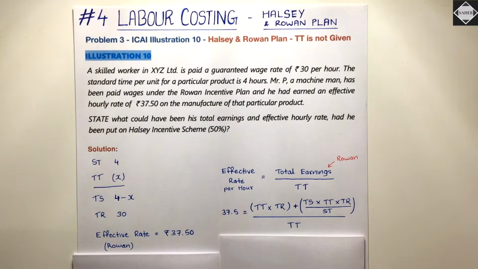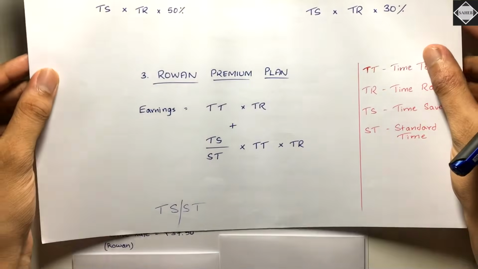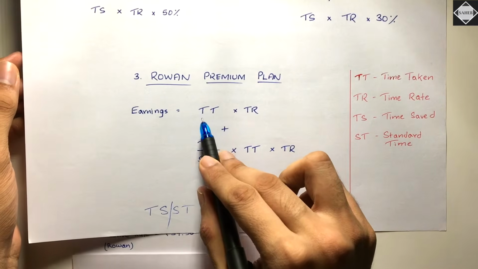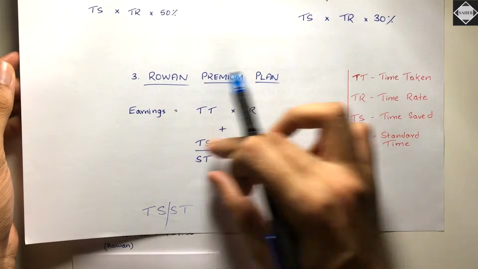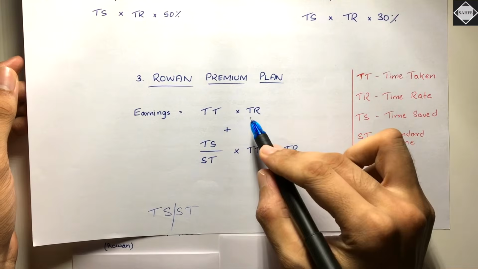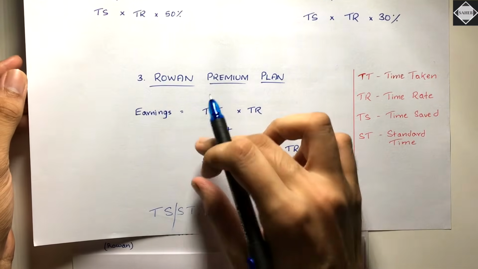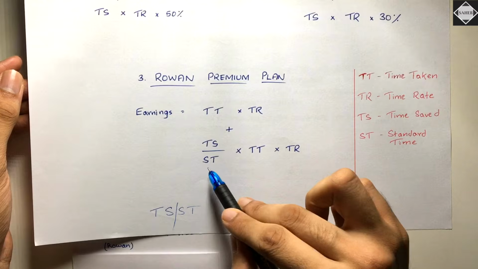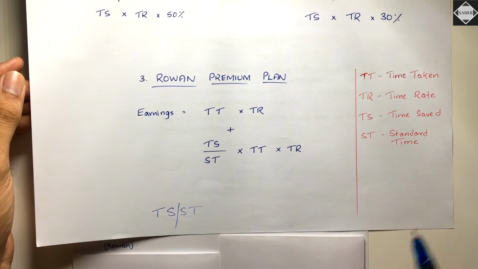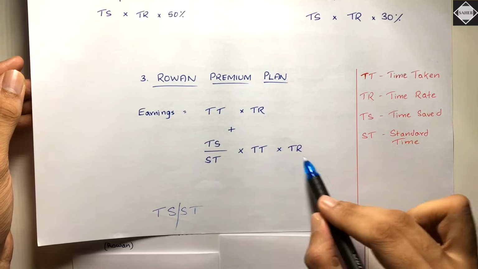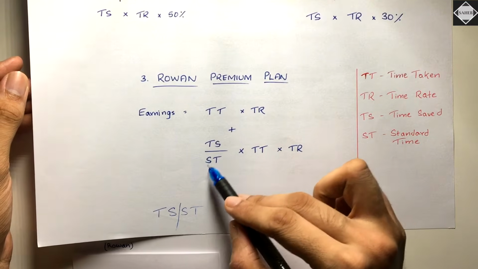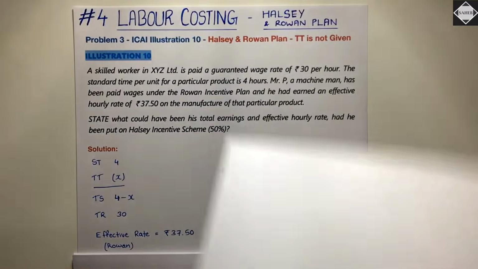Let me show you. Rowan premium plan: first the basic one, time taken into time rate, and then the bonus. Time taken into time rate is the basic pay, and then time saved divided by standard time into time taken into time rate. TT into TR, just this extra thing, TS by ST.